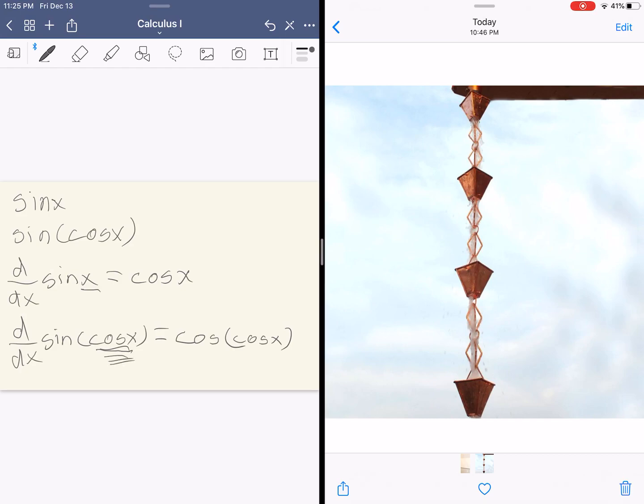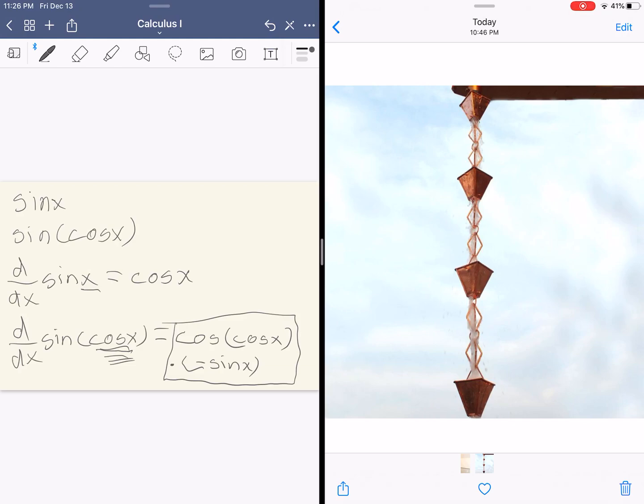So I can't just write cosine of x because this function is not just x, it's cosine of x. So what we must do is multiply by the derivative of this function here. And what's the derivative of cosine of x? It's minus sine of x. And that completes our derivative for this function.